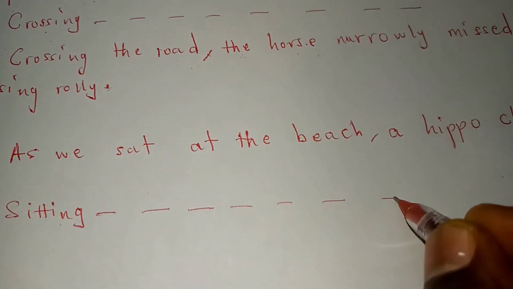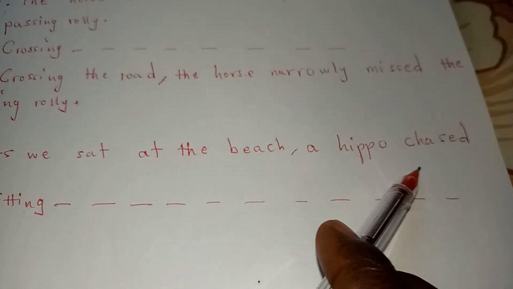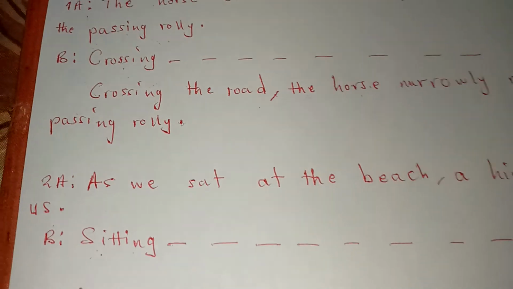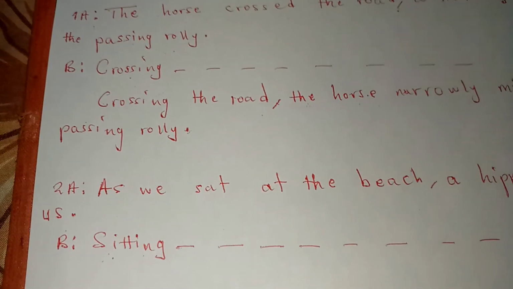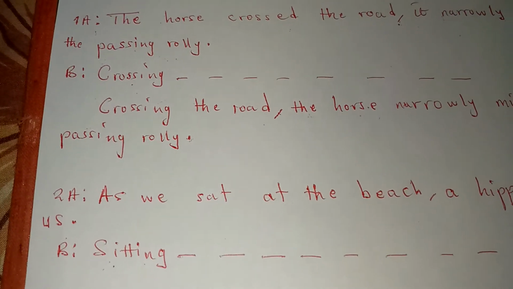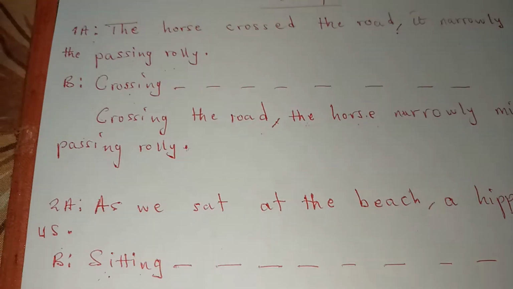You may try this one. We are saying, as we sat at the beach, a hippo chased us, then we are saying sitting. So you can pause the video and try. If you've managed to try, then you continue watching the video to have the final answer.